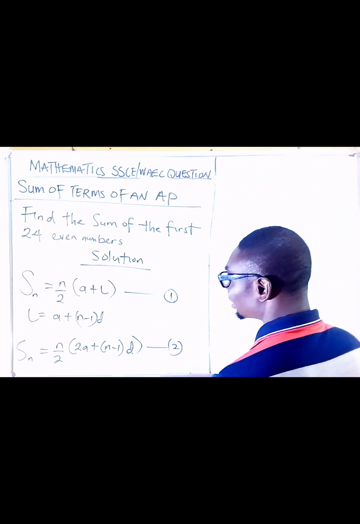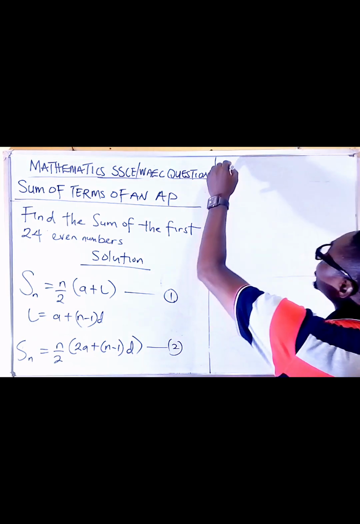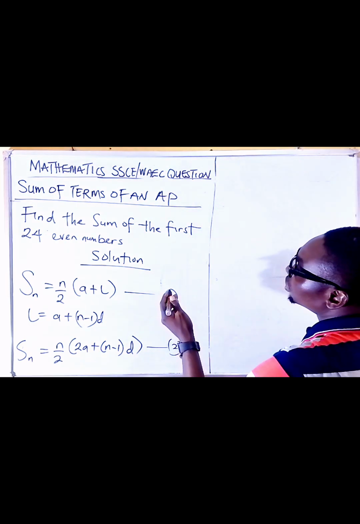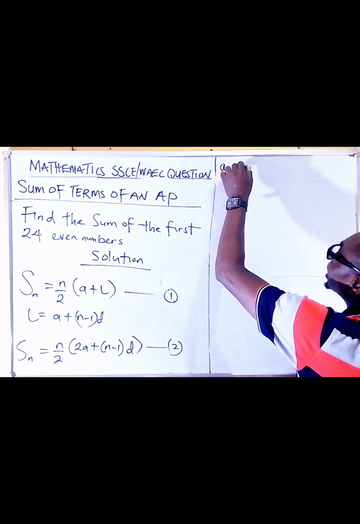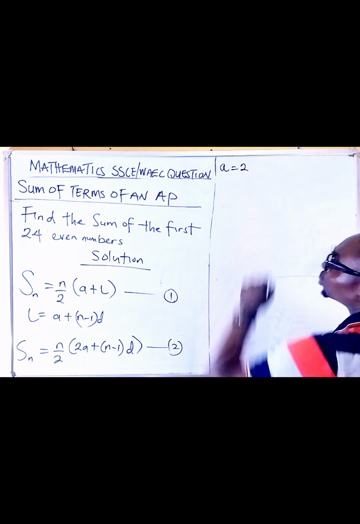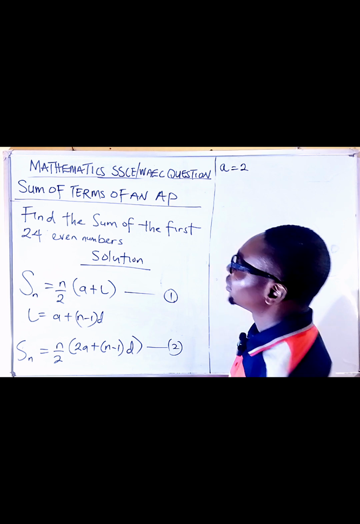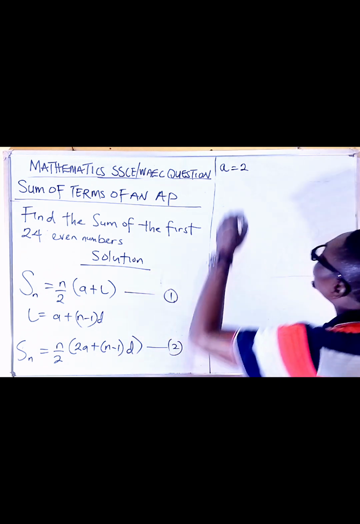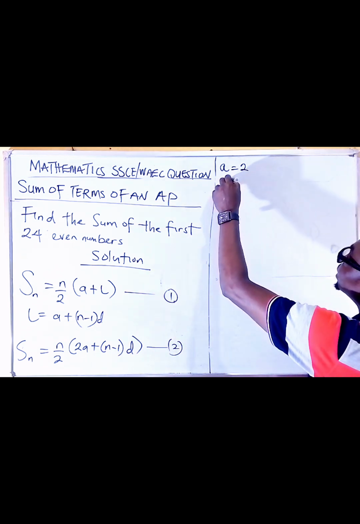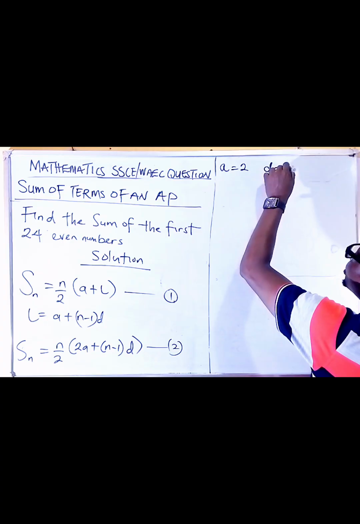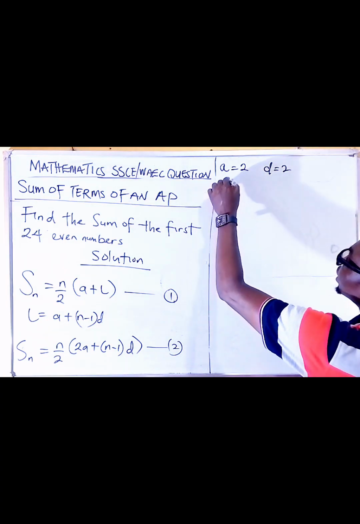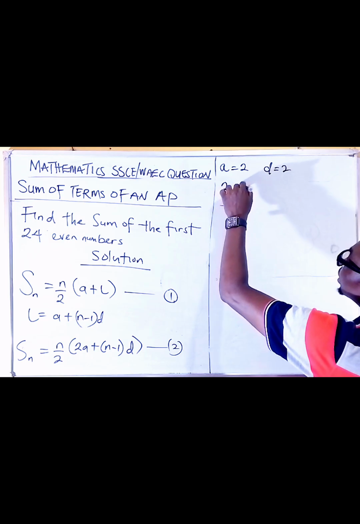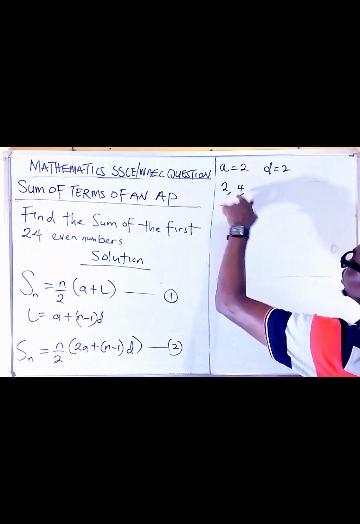To start, the first number will be 2, because 2 is an even number. So it means that our first term, which is A, is equal to 2. Now, the common difference, that is our D, will be 2, because if the first number is 2, the following number will be 4, an even number.